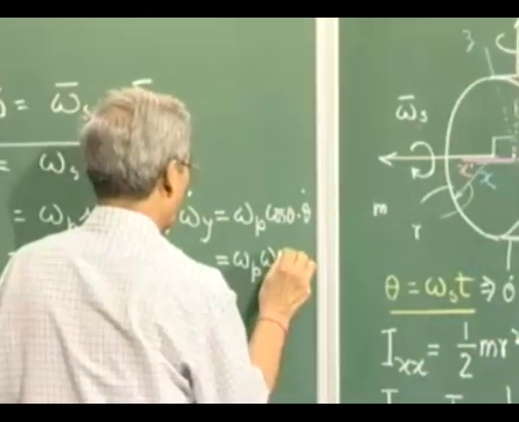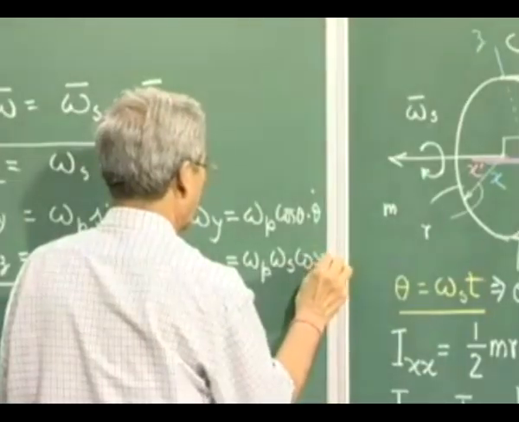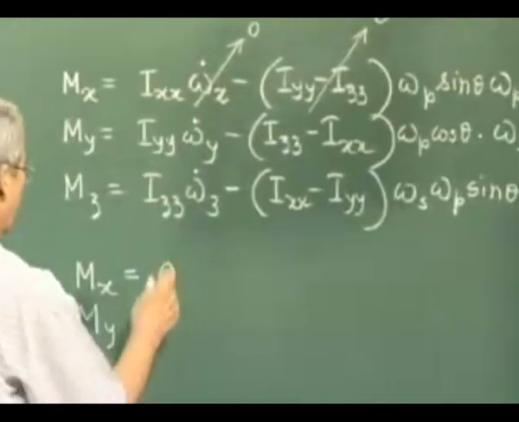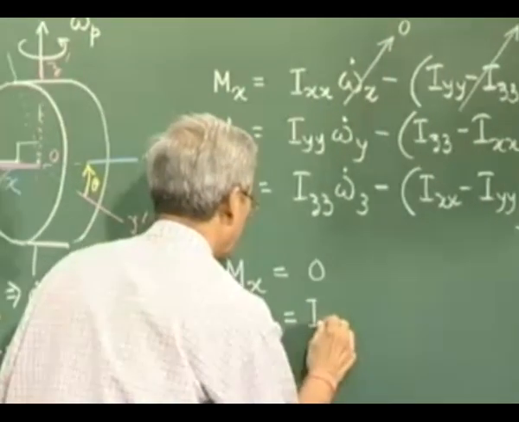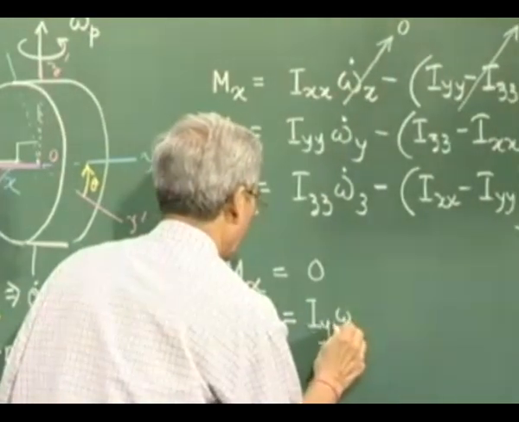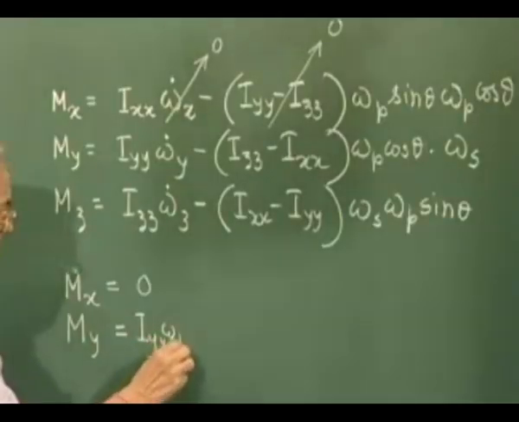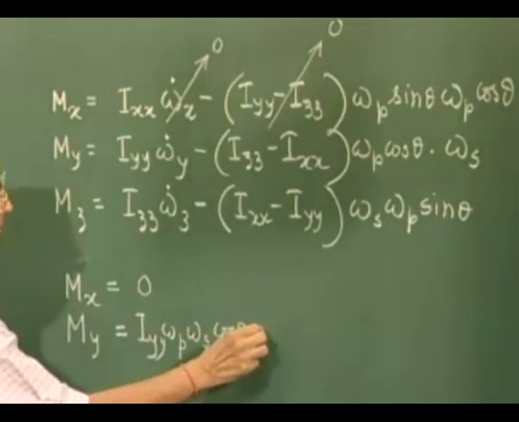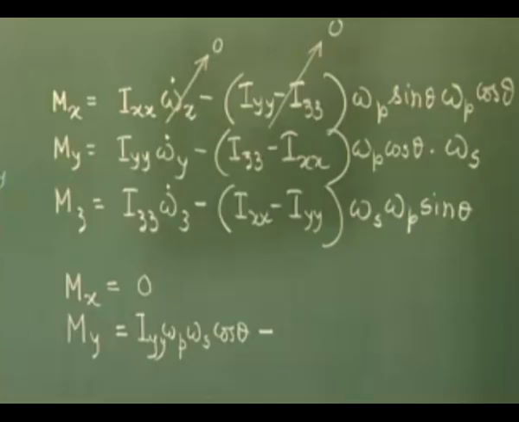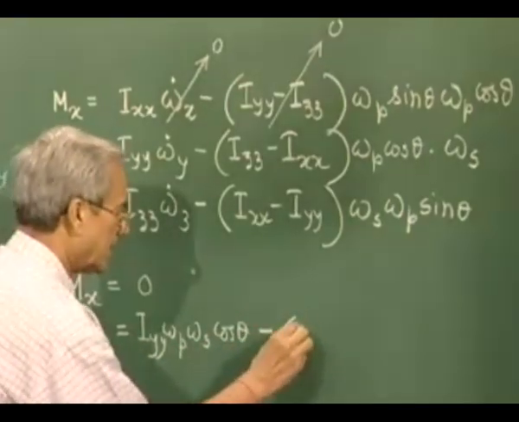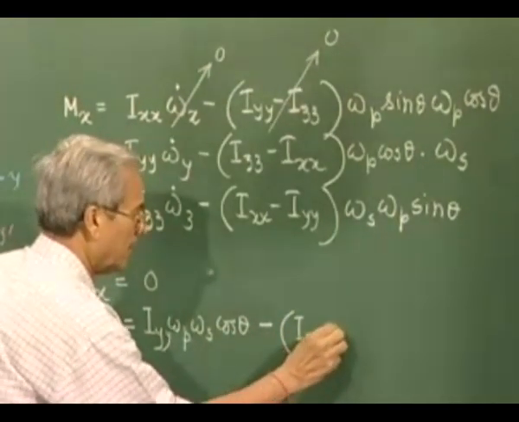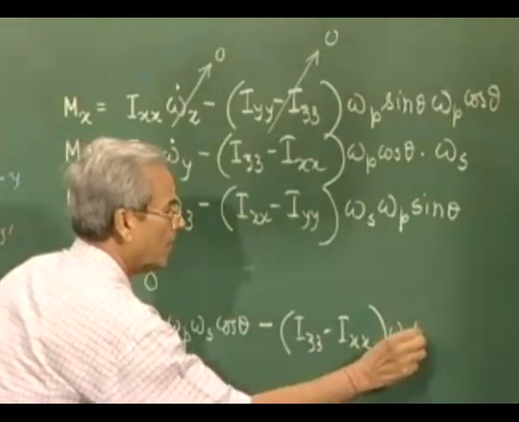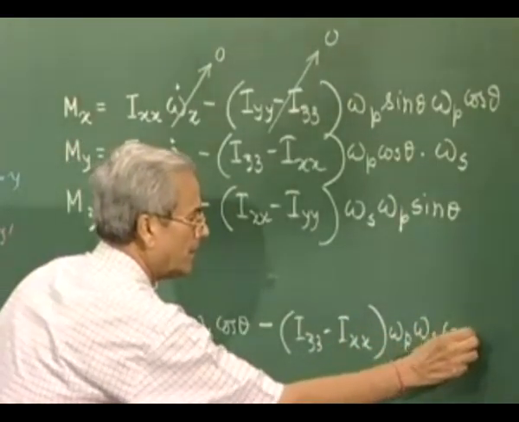It will be ω_p ω_s cosine θ. So this we can write I_yy ω_p ω_s cosine θ minus I_zz I_xx ω_p ω_s cosine θ.